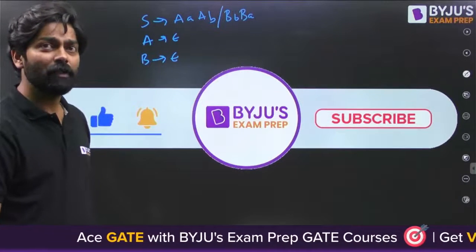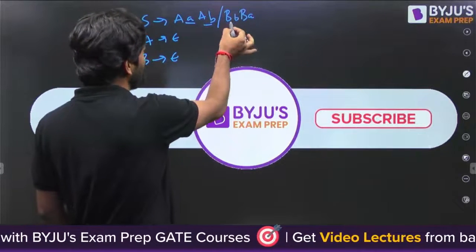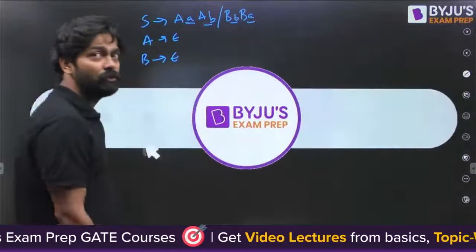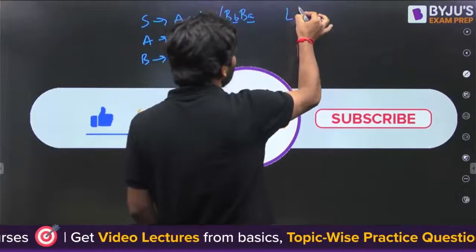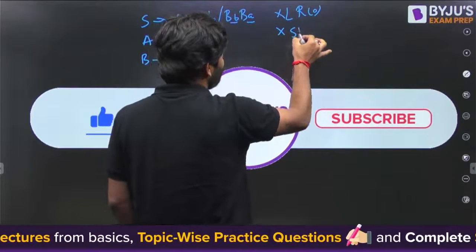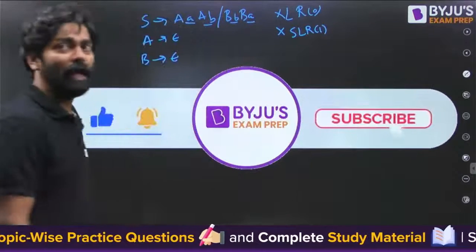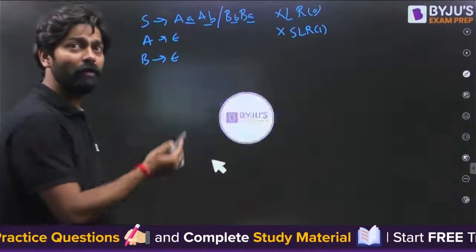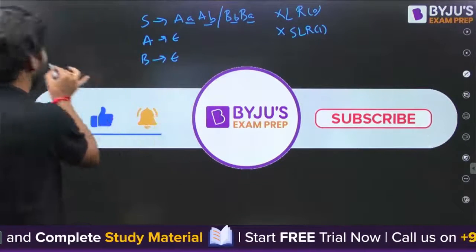It is also not SLR1, because follow of A is A and B, and follow of B is also B and A, so we have a reduce conflict in SLR1 also. So it is not LR0 and not SLR1. Now you can try for LALR1 or CLR1.